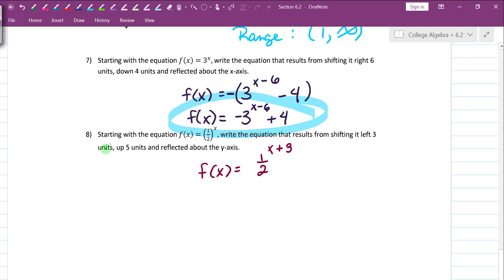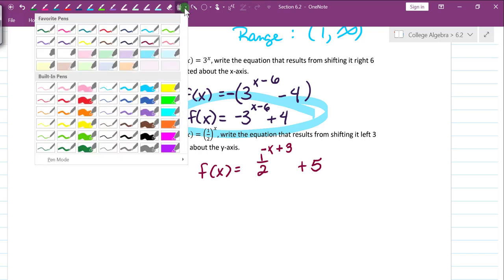Up 5 units, that's positive 5. And then reflected about the y-axis. So all I have to do is stick a negative in front of that x, and it's reflected across the y-axis. Done. So this right here is our final answer.